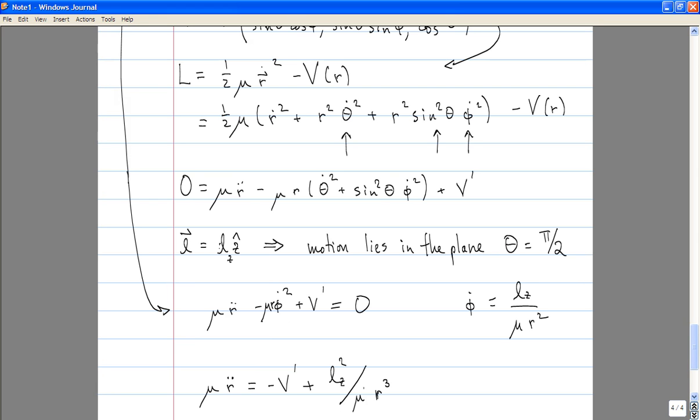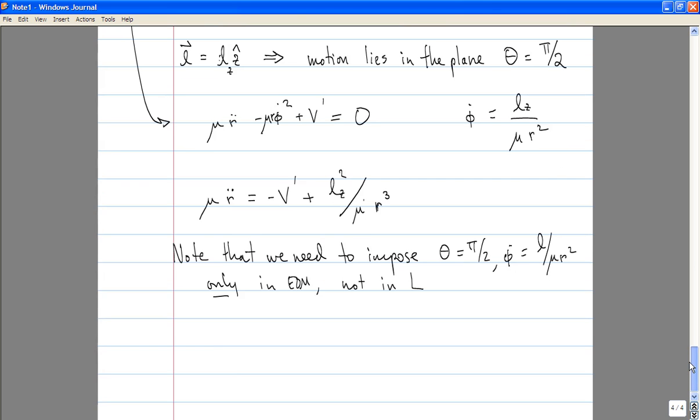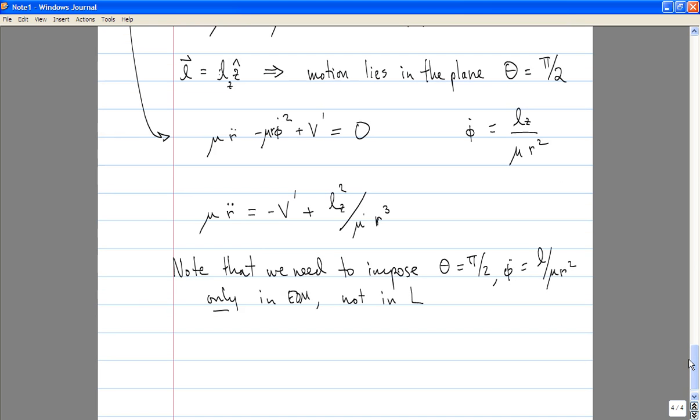And so it would have looked like an action that's a function of r and r dot, and I would have computed its equations of motion. But if you go through it, you'll find out that the equations of motion you would get are different from these equations here. You would have made a sign mistake. You would have gotten this sign here wrong.